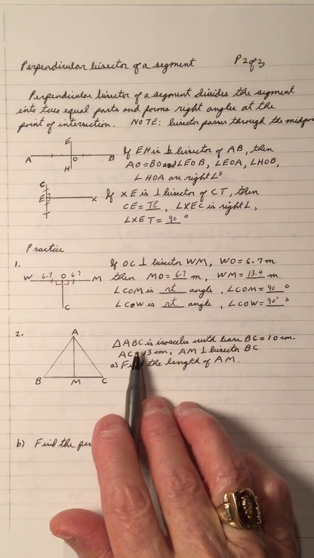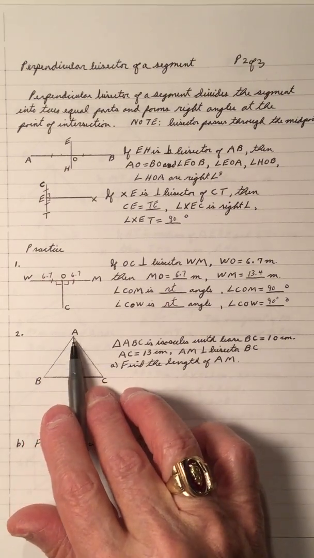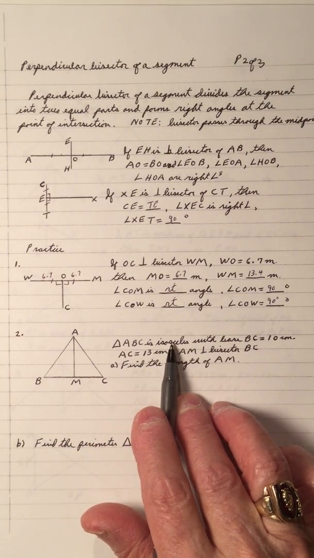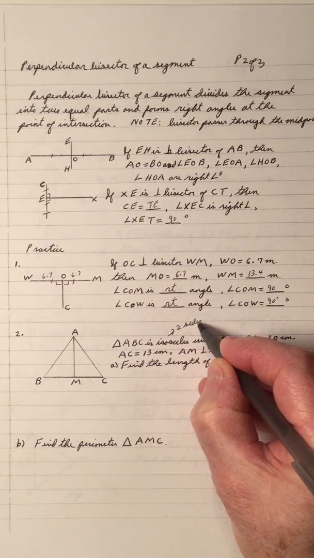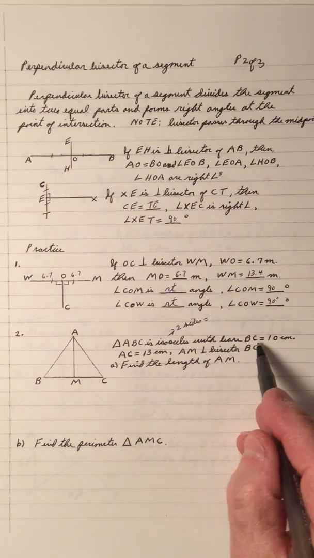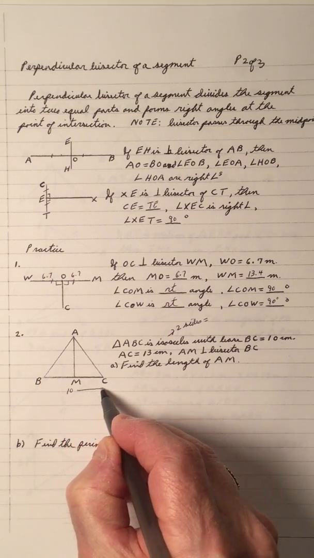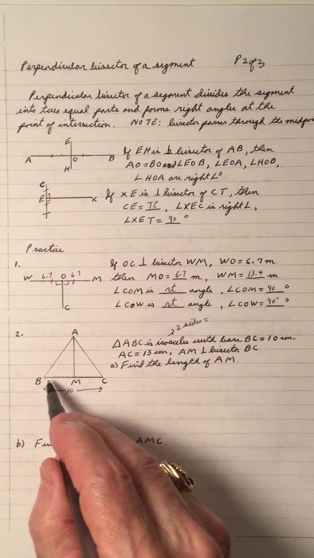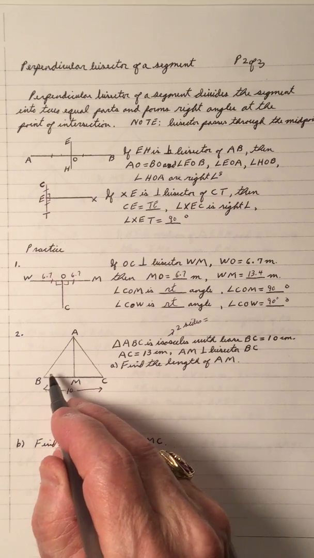Number 2, there's a triangle ABC with a segment AM. Triangle ABC is isosceles. Isosceles has two sides equal, with the base BC being 10. That's this base down here. Now we know in an isosceles triangle, we have two congruent sides and a base.